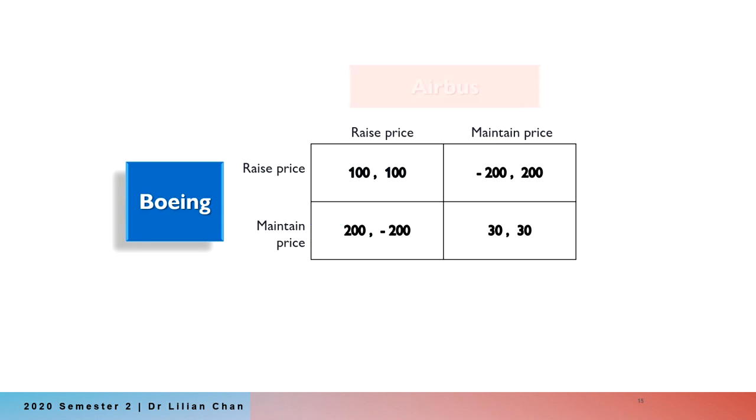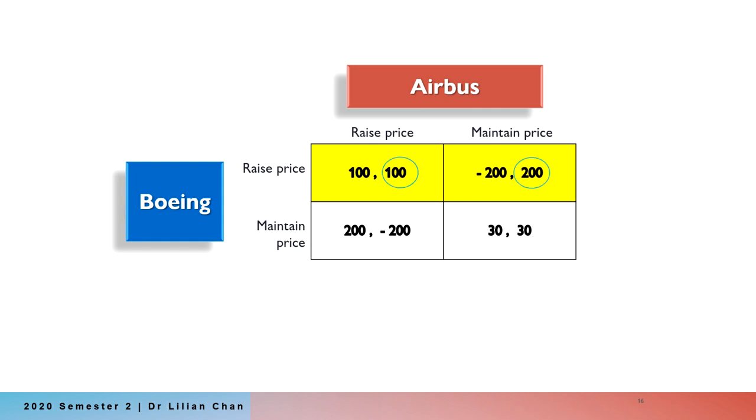What about Airbus's point of view? From Airbus's perspective, if Boeing raises its price, Airbus should also maintain its price. If Boeing maintains its price, then Airbus's profits are like this.